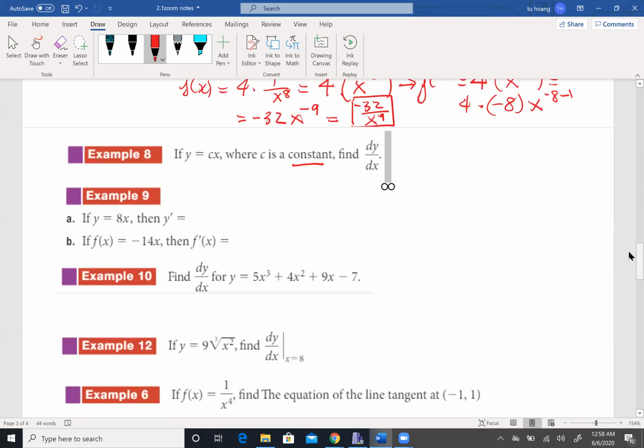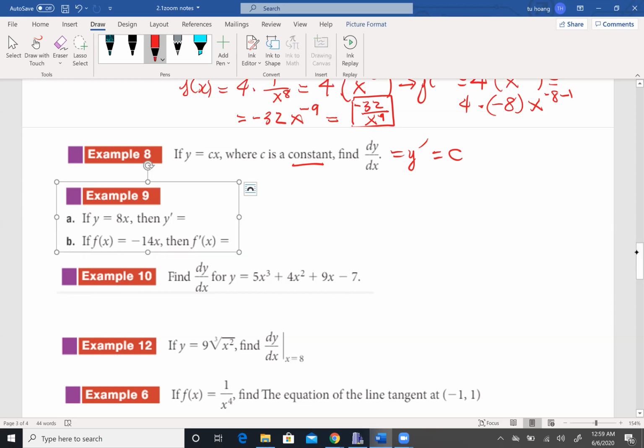In this case, the derivative of the function is actually of x. So the derivative of x should be equal to 1 by case number 1, right? So right away you have y' equal to c, because the derivative of x is just equal to 1.